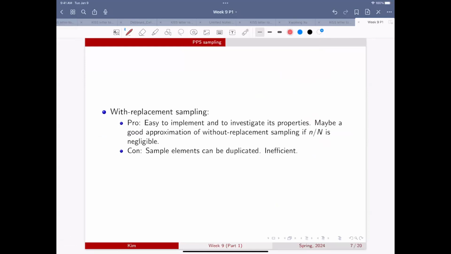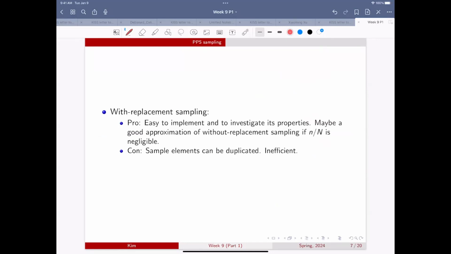So why do we use with-replacement sampling, first of all? Well, the pro is that it's easy to implement and to investigate its properties, because it becomes independent. So we can apply the theory under the IID setup.